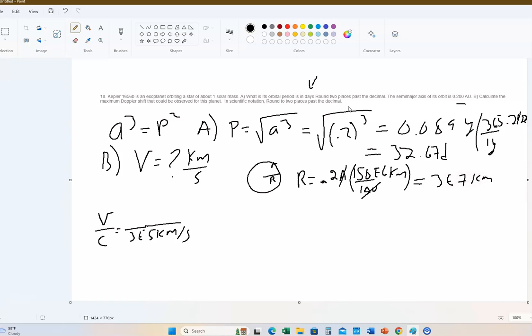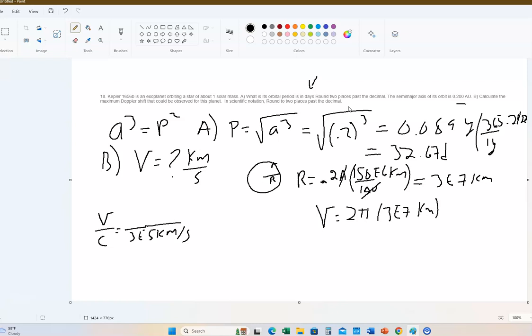Now to get the velocity, remember it's going around in a circle, and the circumference of any circle is 2 pi times the radius. So the velocity is going to be 2 pi times this number that's in your calculator, which is 3 times 10 to the 7th, and of course that's got to be in kilometers.